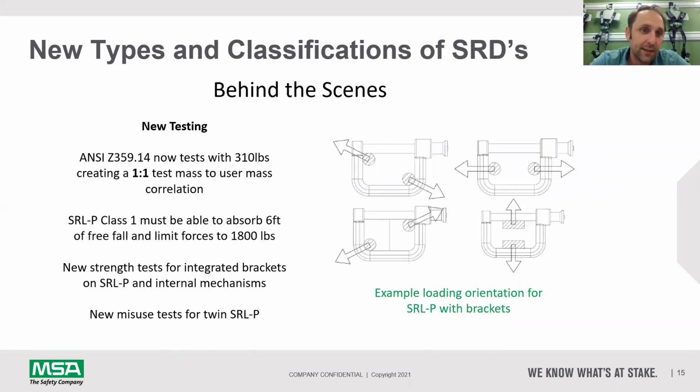The first bullet point is that .14 actually now uses a 1-to-1 test mass to end user correlation. For those of you who are still picking this up or learning it, OSHA, if we start with OSHA, says that a manufacturer can develop a piece of PPE using a 100-pound solid mass of steel.